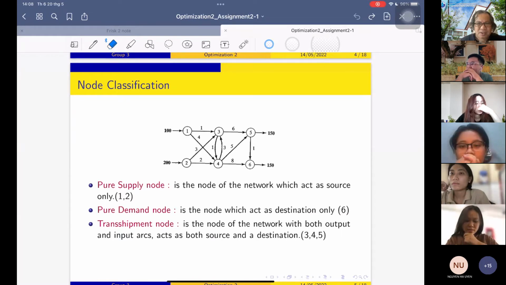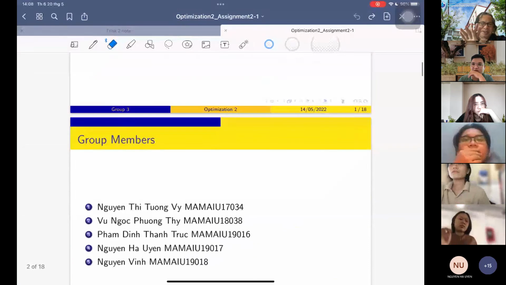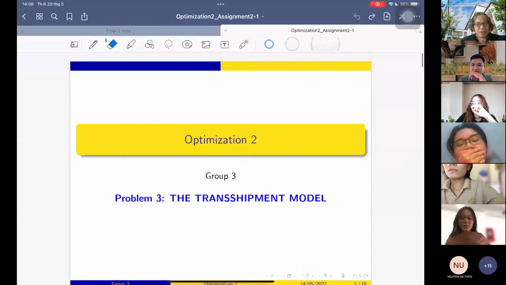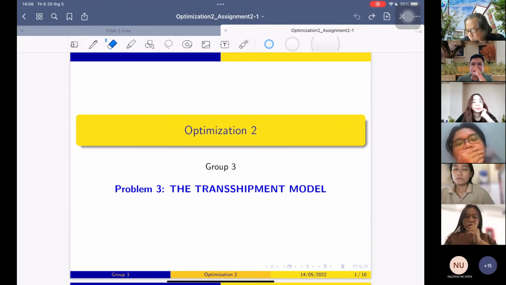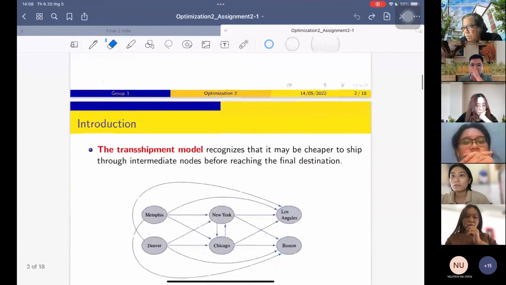Forget everything. You start from the beginning of this presentation, like we didn't see anything, we didn't hear anything before. So now start your presentation. So we will, our group will talk about the transshipment model, and we will solve a problem from that.